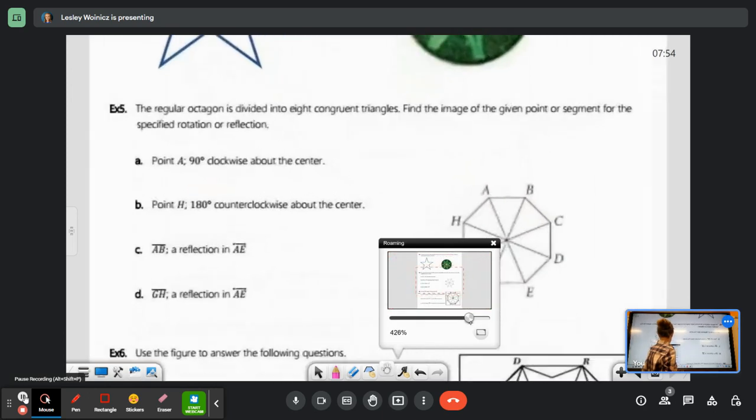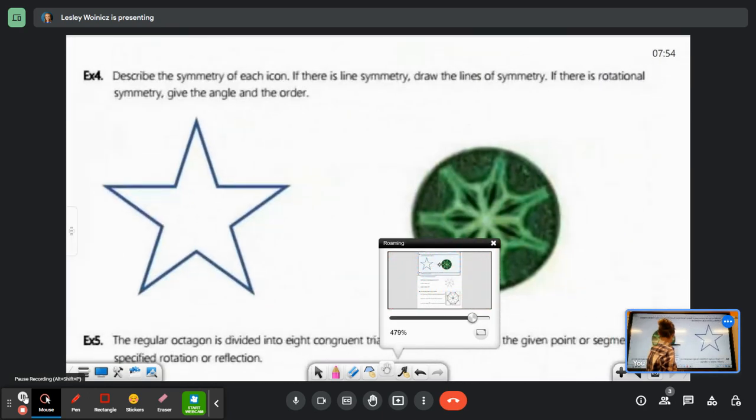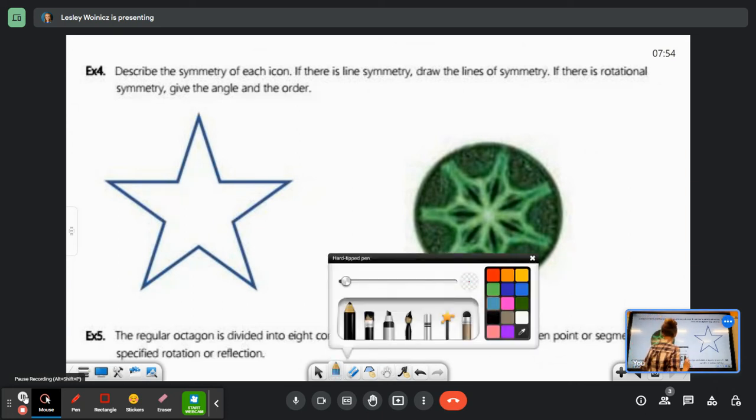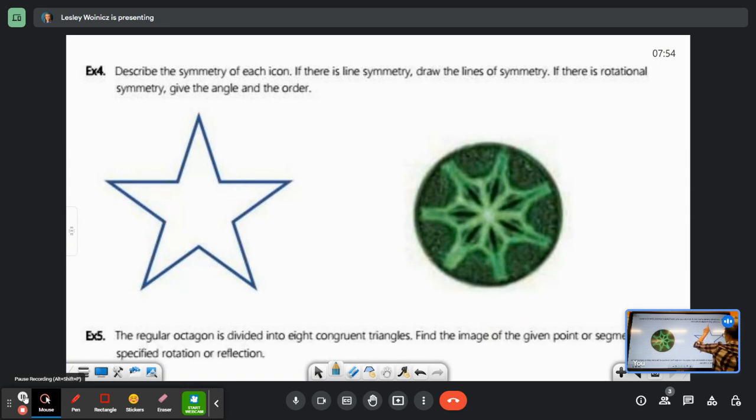All right, look at these ones. Here we have basically the same directions. We have to find the symmetry, so we have to look and see if there's both. Let's look for line symmetry first. Ooh, here's an axis of symmetry. That's one. Here's another one. That's 2.